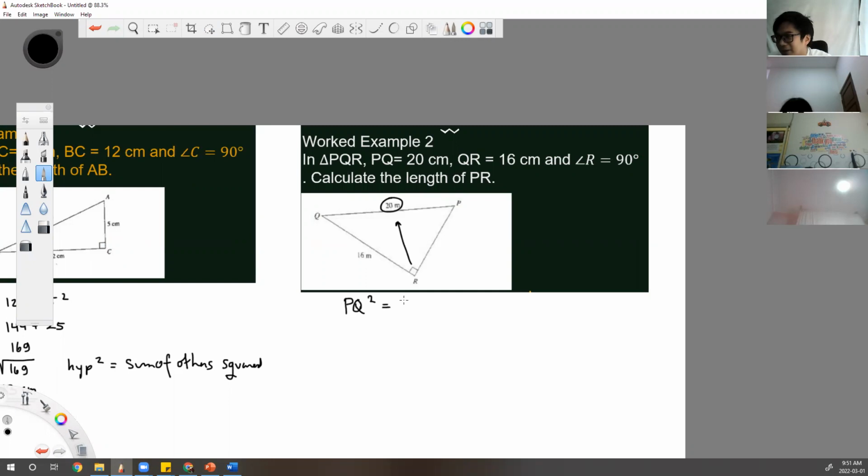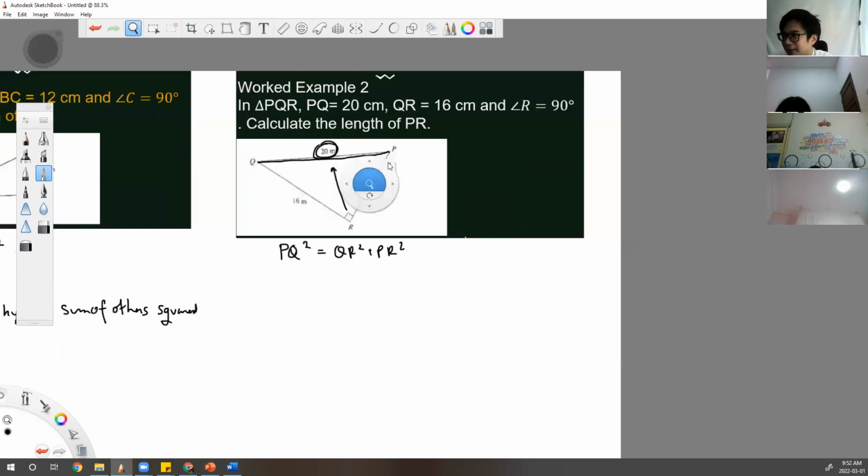So PQ squared equals QR squared plus PR squared. You can name it first and make a symbol. Don't use the numbers yet, you can use the numbers later. 20 squared, QR squared is 16 squared, PR squared, let's say it is X. You can just write X to make it simpler.